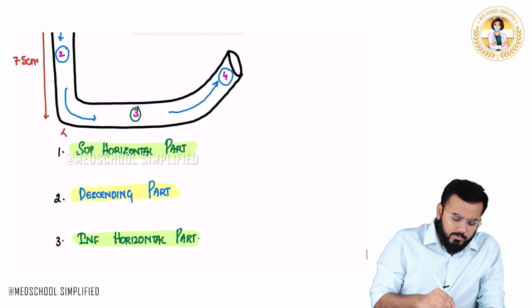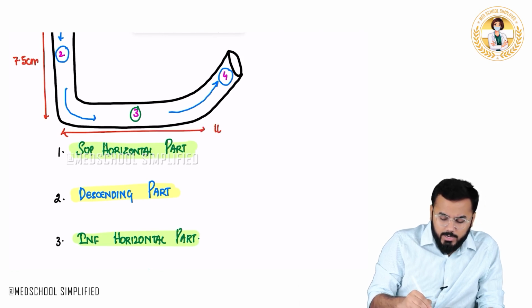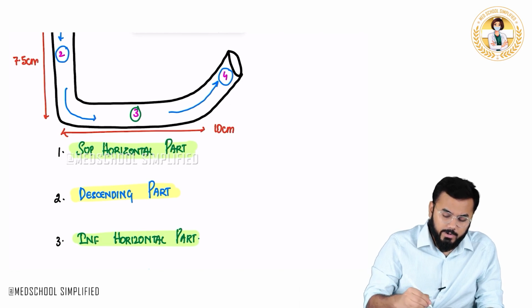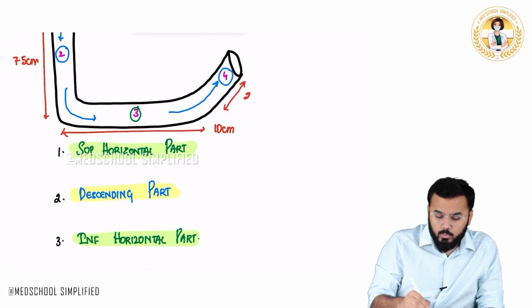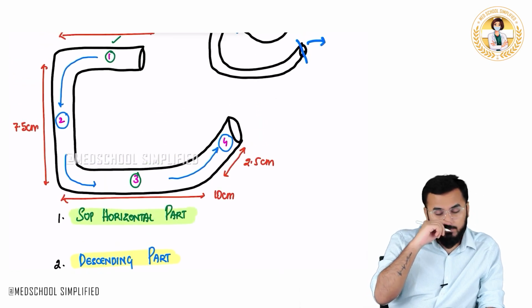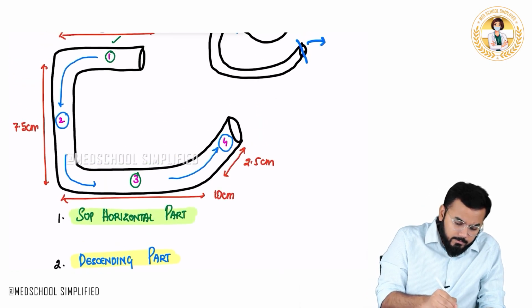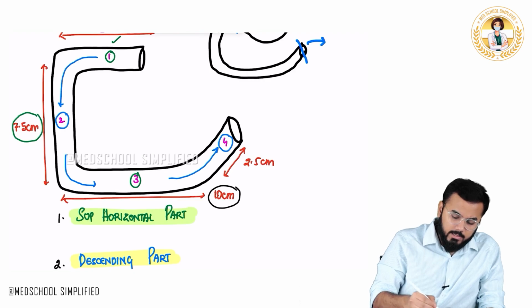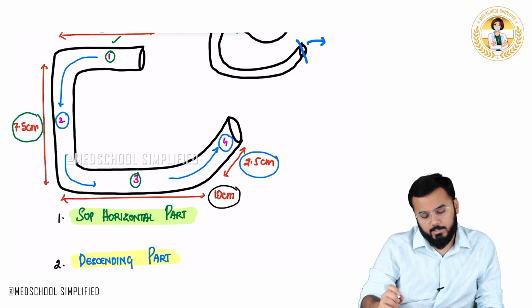The length of the third part is around 10 centimeters, and the shortest of all is the fourth part, just 2.5 centimeters. So the first part is 5 centimeters, the second part is 7.5, the third part is 10 and finally the fourth part is 2.5 centimeters.